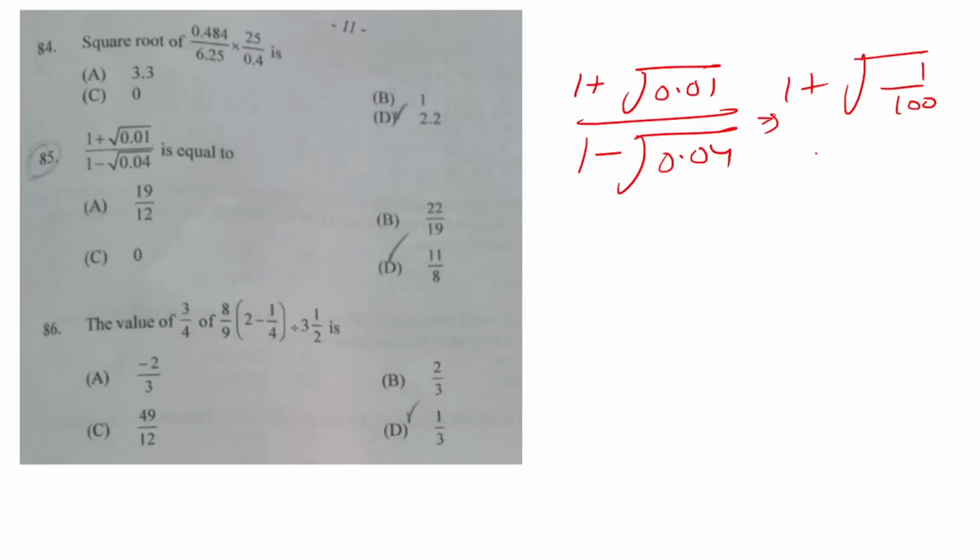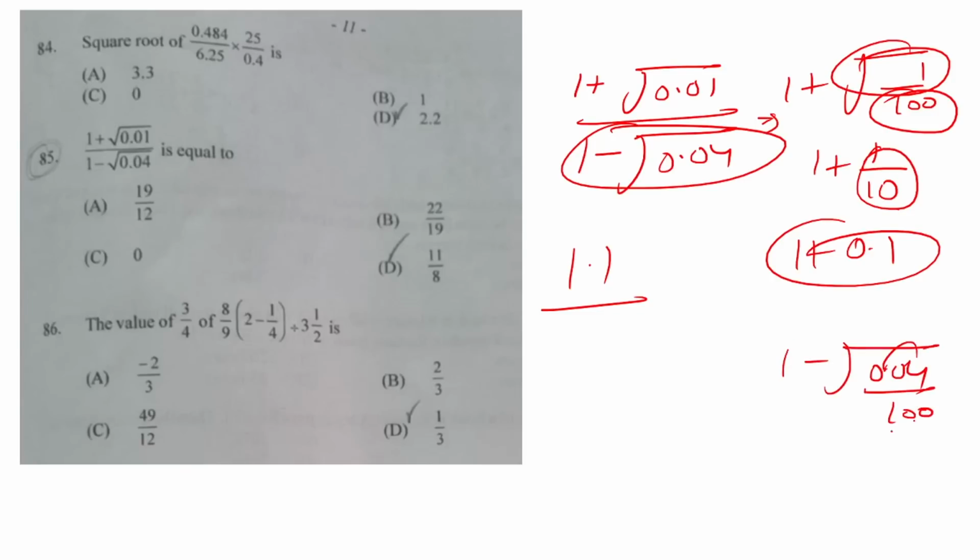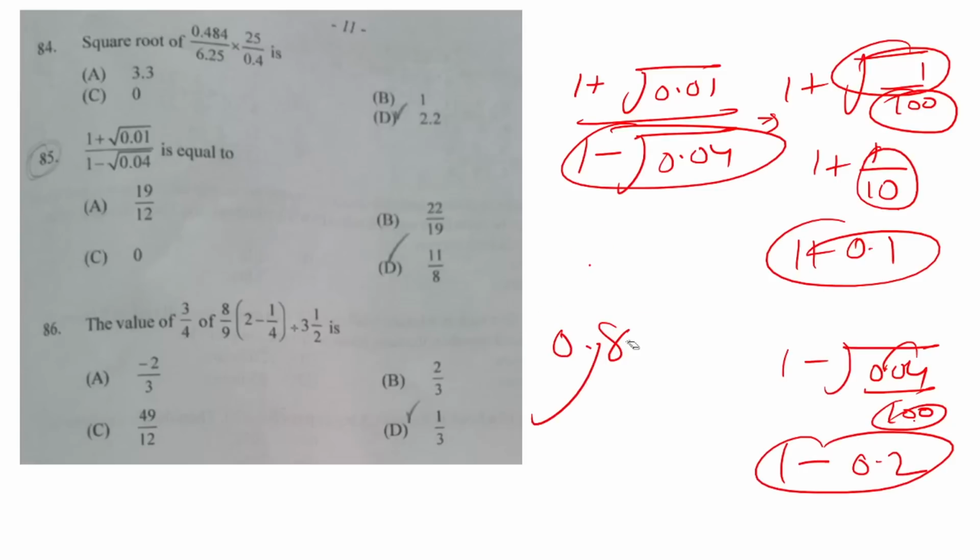The square root of 1 is 1, and the square root of 100 is 10, so 1 by 10 is 0.1. So 1 plus 0.1 is 1.1. Now solving 1 minus 0.04: the square root of 4 is 2 and the square root of 100 is 10, so 2 by 10 is 0.2. 1 minus 0.2 is 0.8. So the value is 1.1 by 0.8, which is 11 by 8. So 11 by 8 is the correct answer.